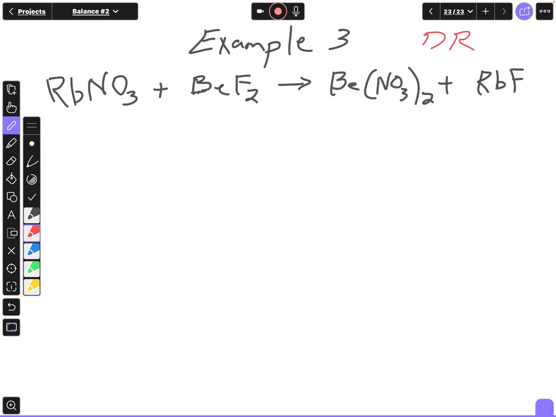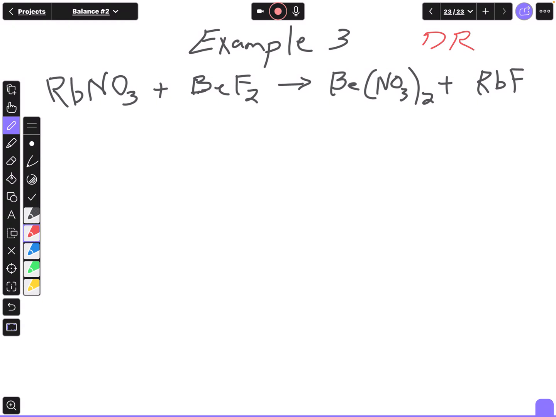And I notice something. We just learned about polyatomic ions a few weeks ago, and I know that the first compound there, this RbNO3, has three elements in it. It's got rubidium, nitrogen, oxygen. And I know that NO3 is a polyatomic ion. We learned about those.